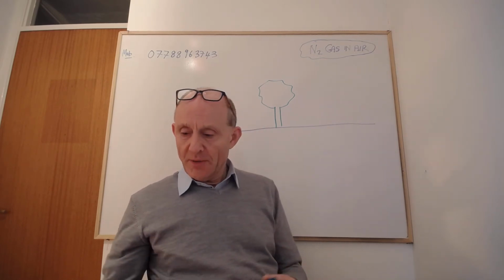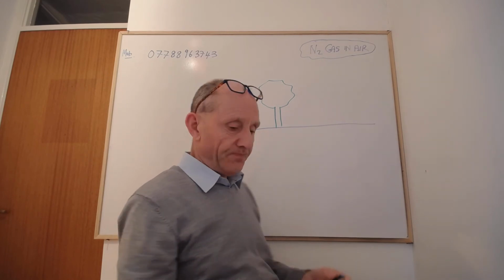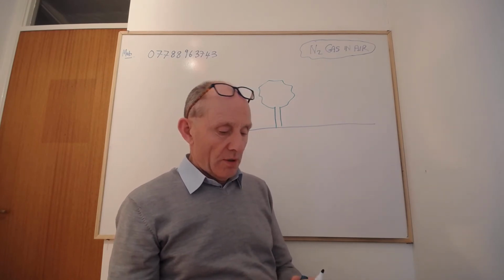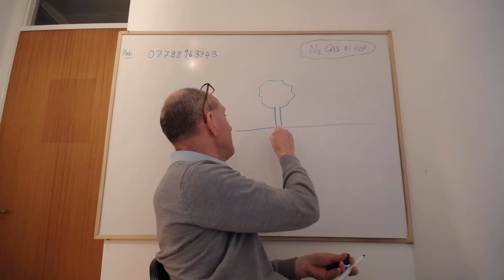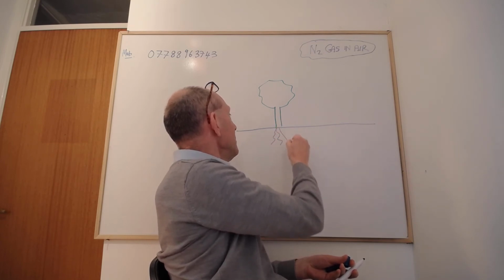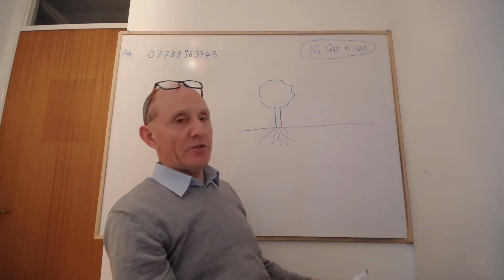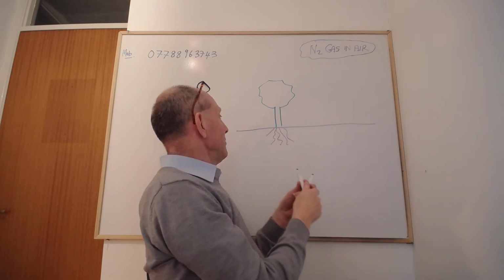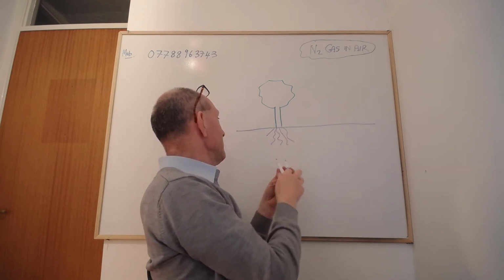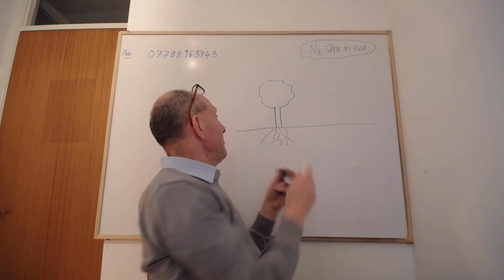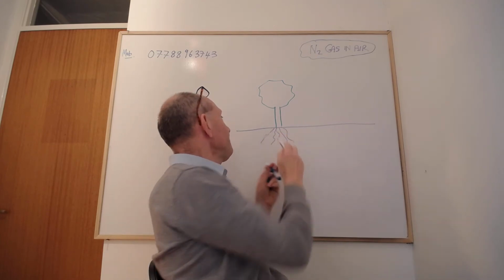Now, the other thing I want to do here is to put some roots on this tree. It doesn't have to be a tree, of course. The tree just represents a plant. So you've got the roots of the plant. Let me see if we can get this right. So there's the tree with its roots.